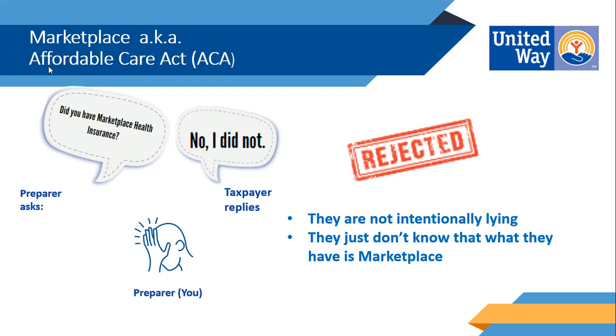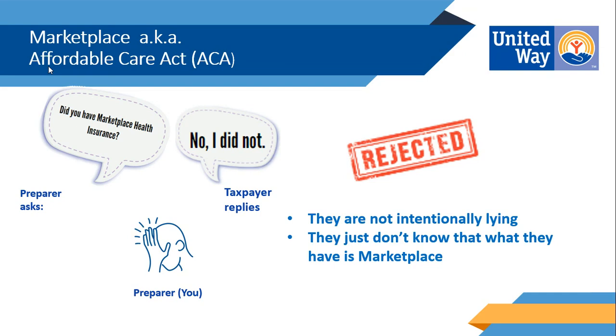When it first started, President Obama made Marketplace come to life, and so it was called Obamacare, and everybody knew that what they had was Obamacare, was Marketplace. Well, it's been many years since Obama was in office, and there are many people selling the health insurance now. And when they're selling it to people, signing them up, they're not telling them that the policy that they have is through the Marketplace.